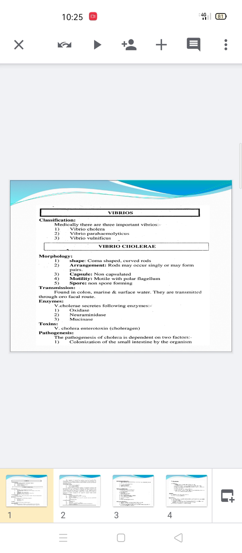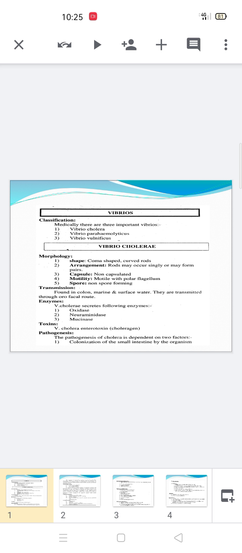Remember this name for the MCQs: choleragen. That is the Vibrio cholerae enterotoxin, and it is the major part of the virulence factor of this microorganism.